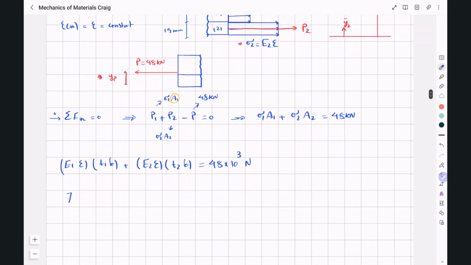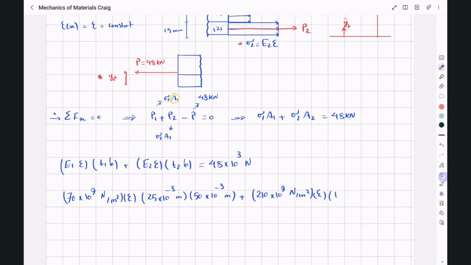E1 is 70 gigapascal, or 10 to the power of 9 Newton per square meter, multiplied by epsilon, multiplied by T1, which is 25 millimeters, or 25 multiplied by 10 to the power of negative 3 meters, multiplied by B, which is 50 millimeters, or 50 multiplied by 10 to the power of negative 3 meters, plus E2, which is 210 gigapascal, epsilon, this is 15 multiplied by 10, and this is 50 multiplied by 10 to the power of negative 3 meters.